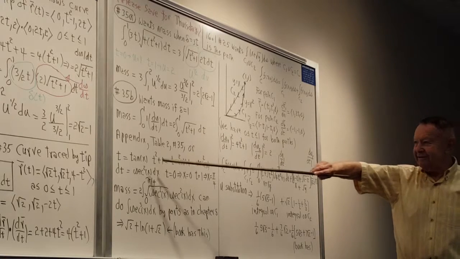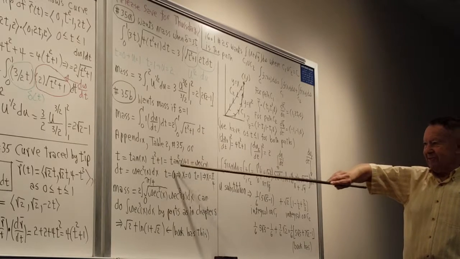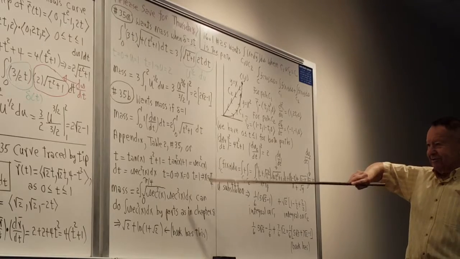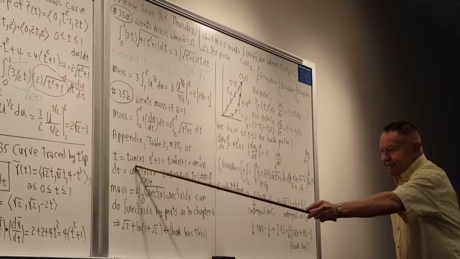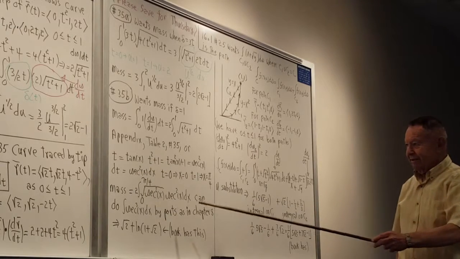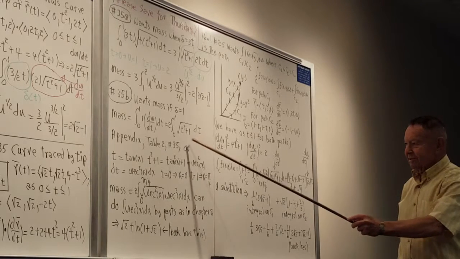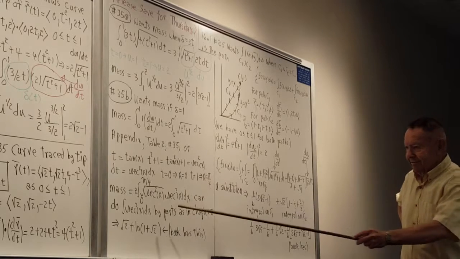If you let t be tangent x, t squared plus 1 is tangent squared plus 1, which is secant squared. And then you have to do dt, which is secant squared dx, and change your limits from limits on t to limits on x, since it's a definite integral.